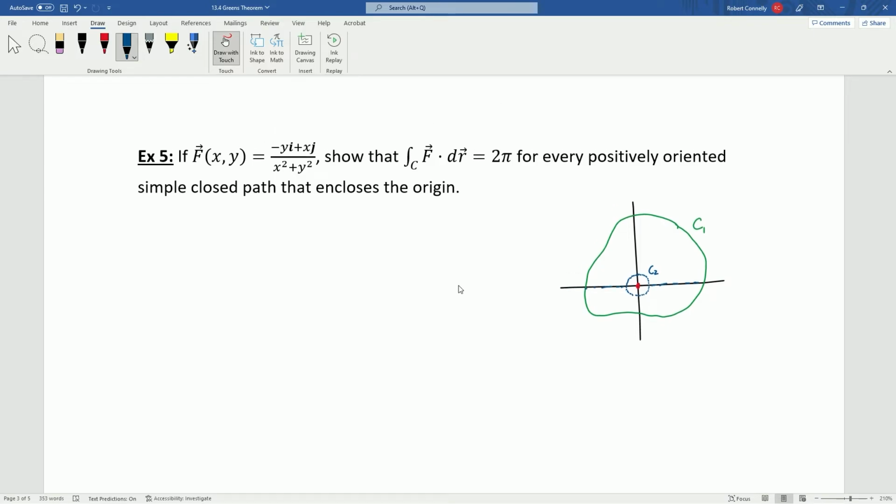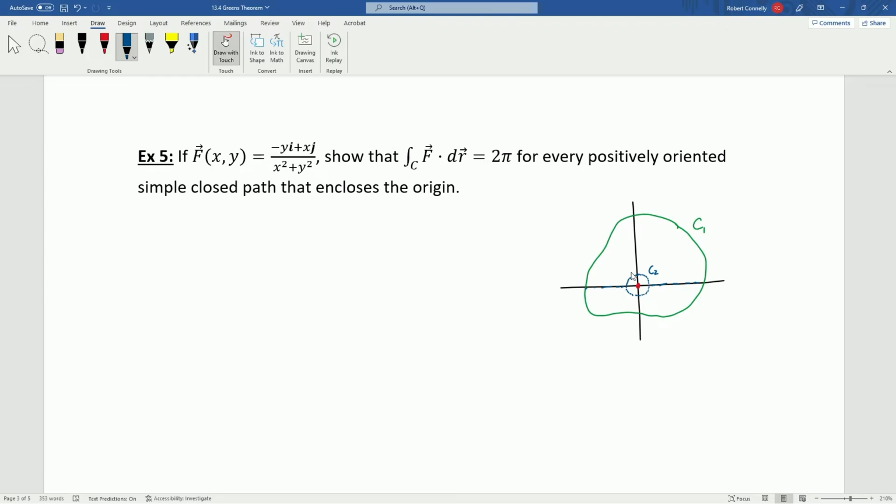There are sort of two keys to consider here. Yes, the integral of the sum of these two things is going to be equal to the integral of this vector field F over the region. Let me see if I can be super clear about what I mean by that. We're going to use Green's theorem to calculate this line integral, but we can't just do it directly because of the hole at the origin.